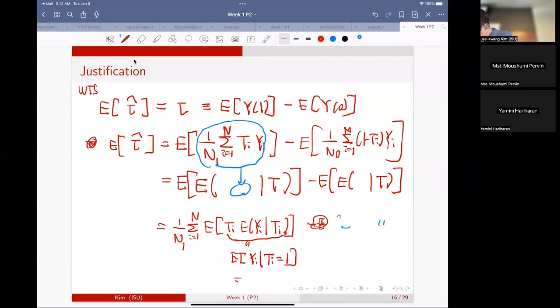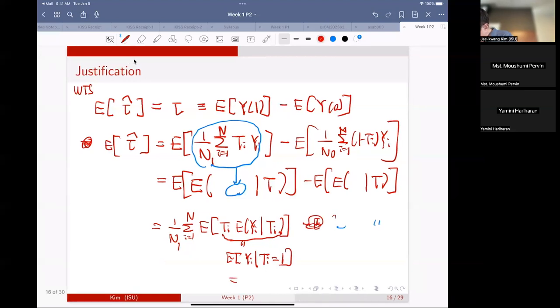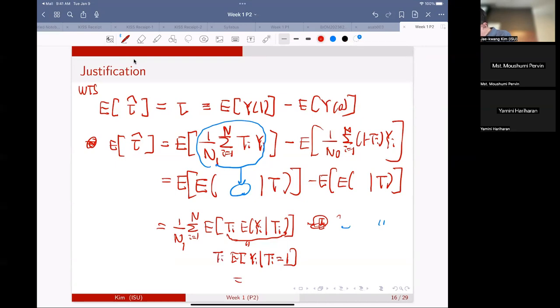So there's no harm in still writing it, and then ti is equal to 1, given ti equal to 1.